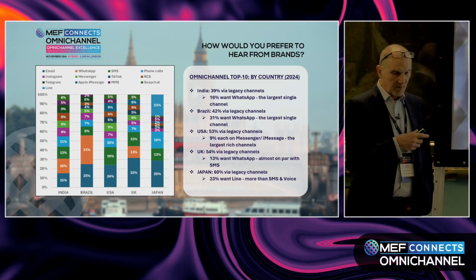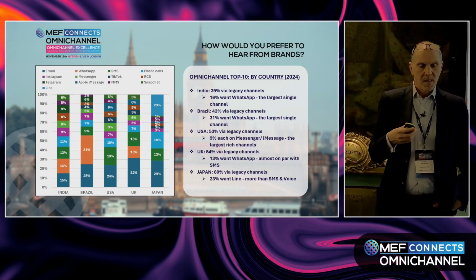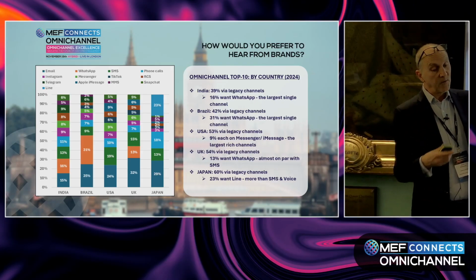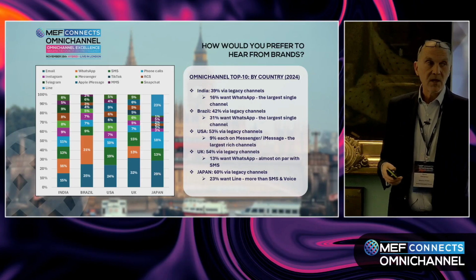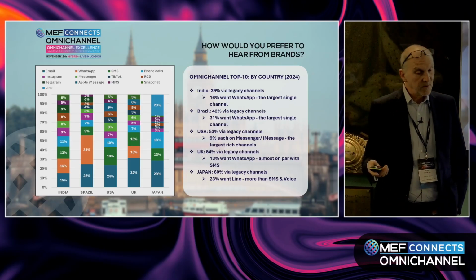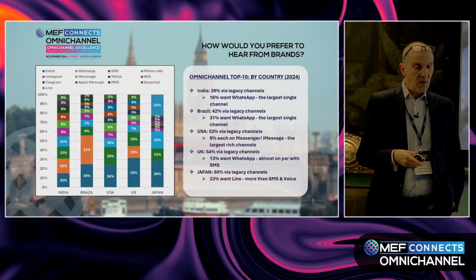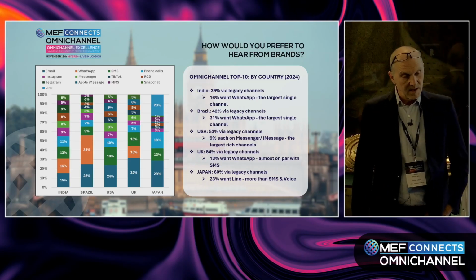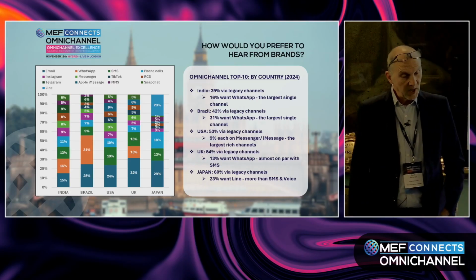Robert was mentioning them earlier. We've got India and Brazil, just 39% reach for the 3 legacy channels in India, and just 42% in Brazil, versus more developed economies in the US, 53%, UK, 54%, and 60% in Japan.